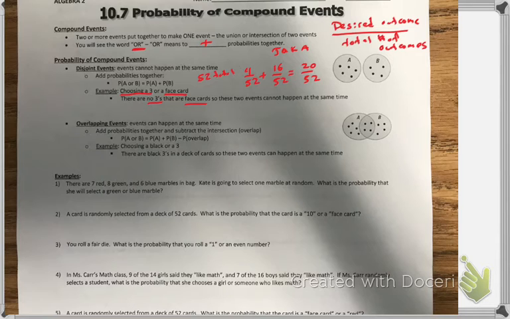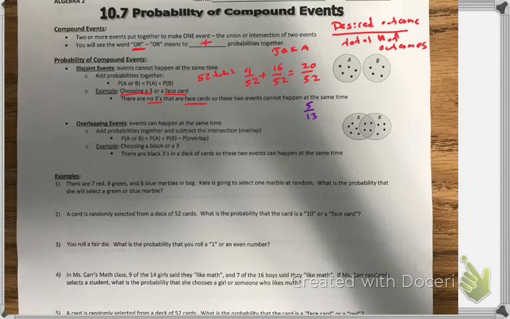So if we reduce by 4, 4 goes into 20 5 times, and it goes into 52 13 times. So the odds of getting a 3 or a face card would be 5/13. So again, this is what we call disjoint, meaning there is no overlap between the two events, okay?